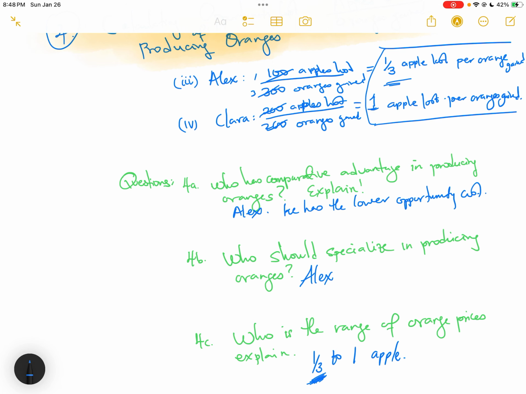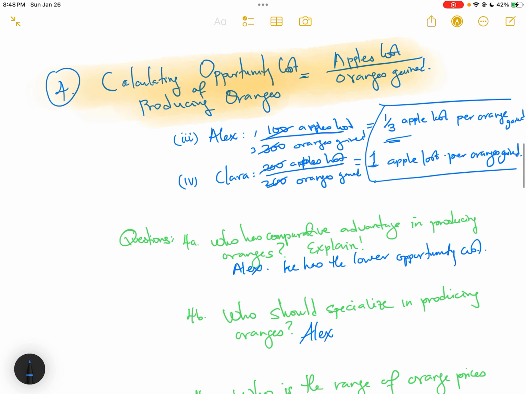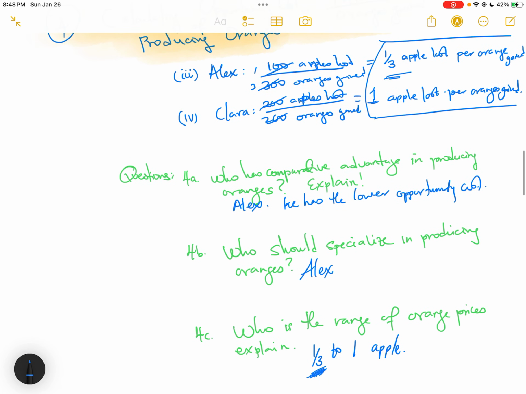Now, can Alex sell his oranges for more than 1/3? Yeah, he can, but what's the upper bound? Could he sell his oranges for 8 apples? Sure, he can. But would Clara accept that?